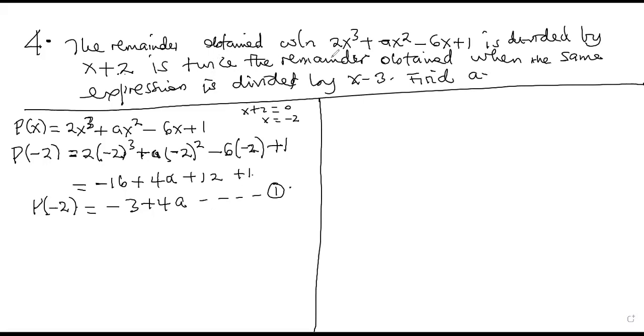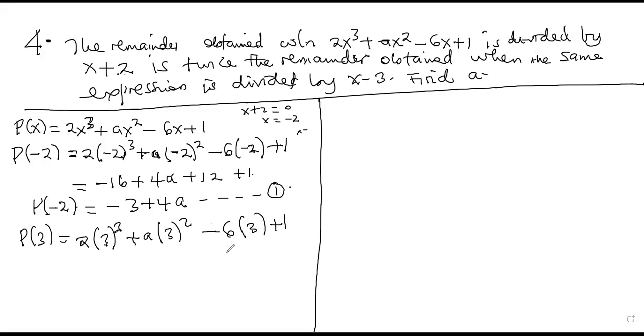They have said it is twice the remainder obtained when the same expression is divided by x minus 3. So if you equate x minus 3 to 0, you get x is equal to 3. So you're going to get p of 3. P of 3 is going to be equal to 2 into 3 cubed plus a into 3 squared minus 6 into 3, then plus 1.